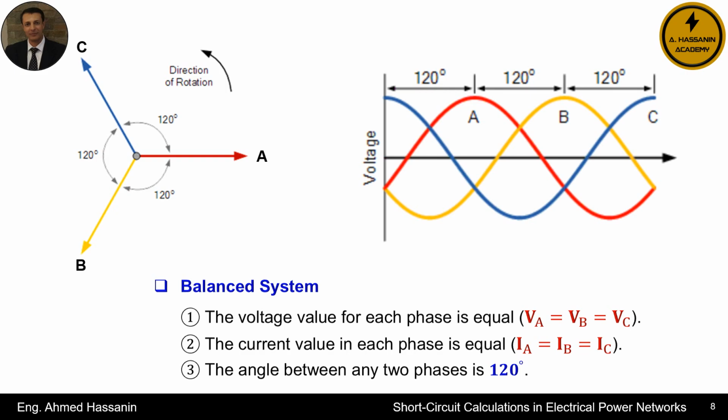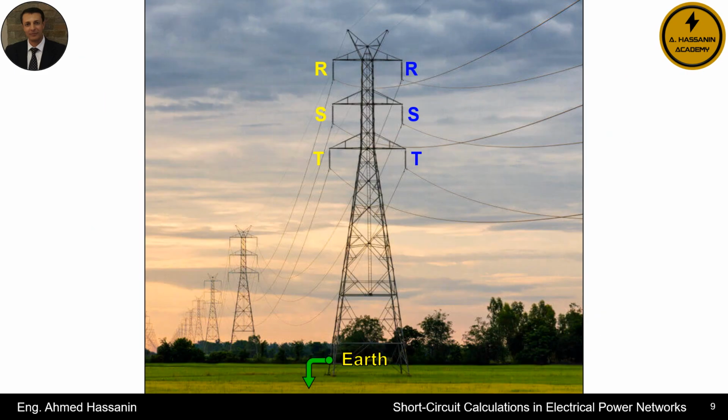When these three conditions are met, we can say that the electrical system is balanced. Thus, electrical energy is transmitted to all parts of the power network in a balanced manner through a three-phase system, R, S, and T.